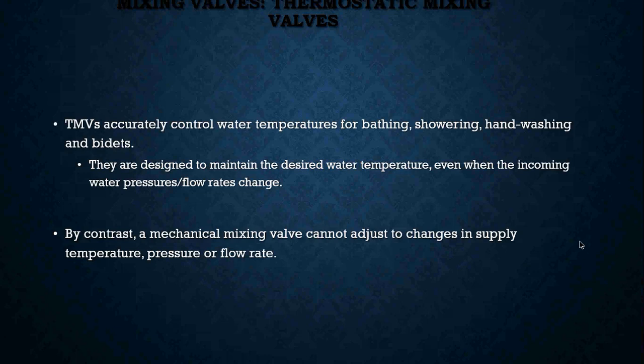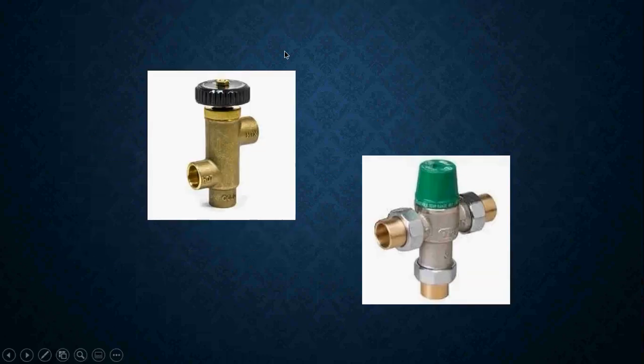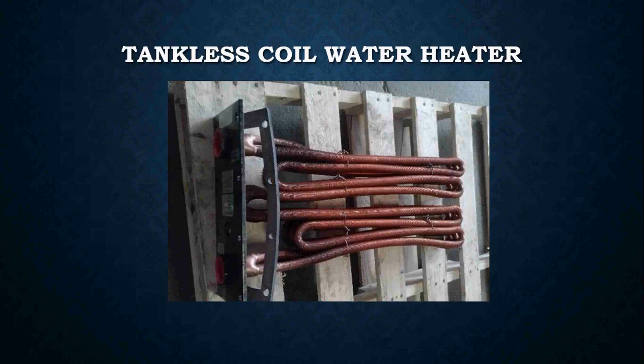Okay, so by contrast, the mechanical mixing valve cannot adjust to the change in supply temperature, pressure, or flow rate. And that's what they would actually look like. So to adjust your flow rates, obviously you would just simply turn your handles. Opening and closing them is obviously going to restrict the flow of water, or opening them is going to increase your flows across your water heater.